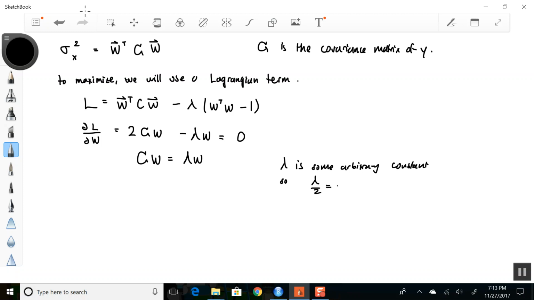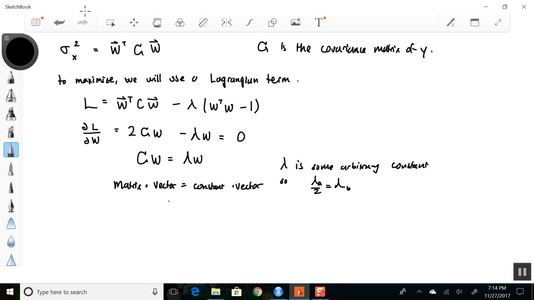So lambda over 2 can just be lambda. We'll call this lambda A and lambda B. It doesn't matter. If we take a look at the form of this, basically we have matrix times vector is equal to constant times vector.